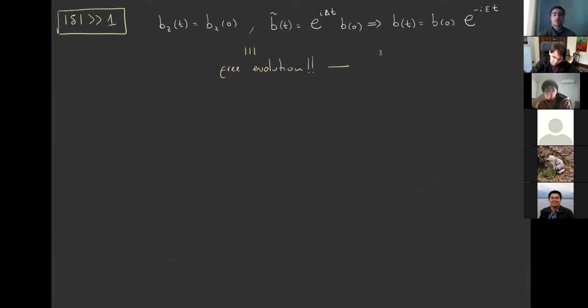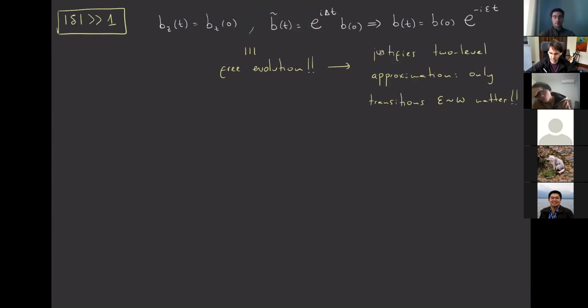And therefore, this is the first justification of the two-level approximation that we have made. Okay, so in particular, I remind you that only transitions that have epsilon approximately equal to omega are important, so matter.